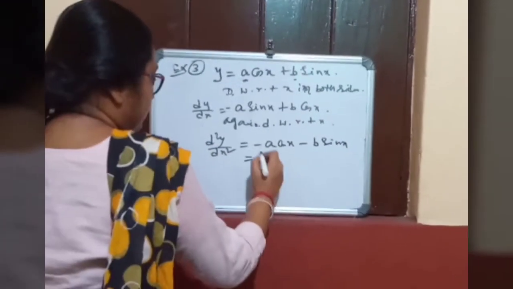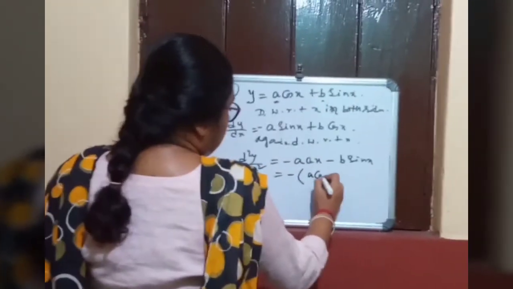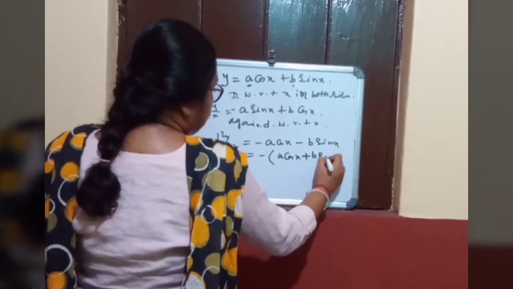You take common: minus of a cos x plus b sin x.